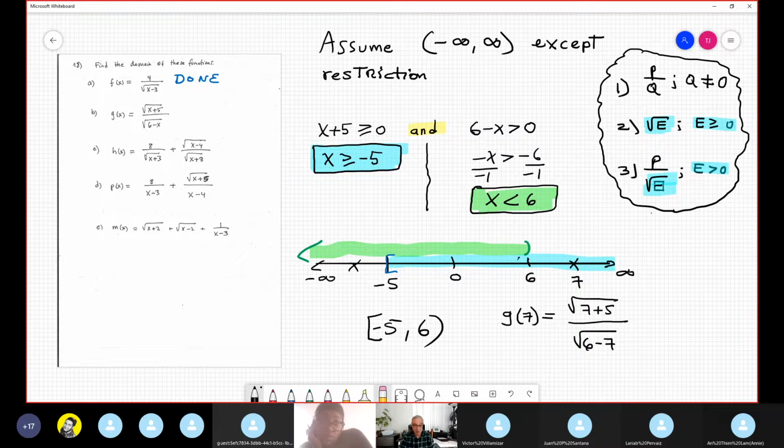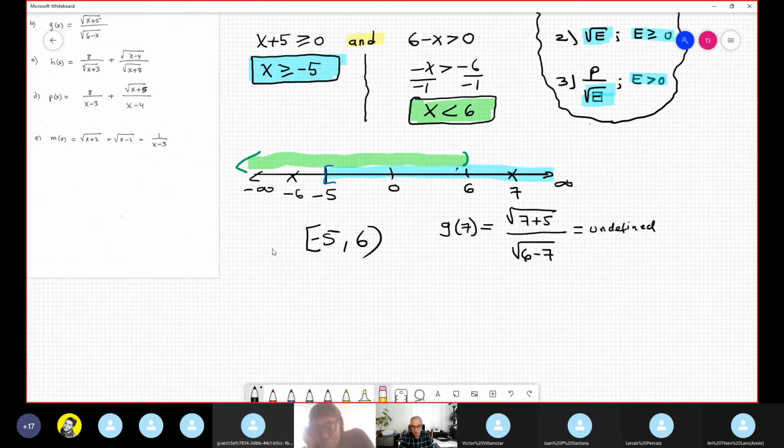Suppose I pick another. Suppose I pick negative 6 here. It's completely out of the domain. The answer is undefined here. Undefined. So you evaluate g at negative 6.